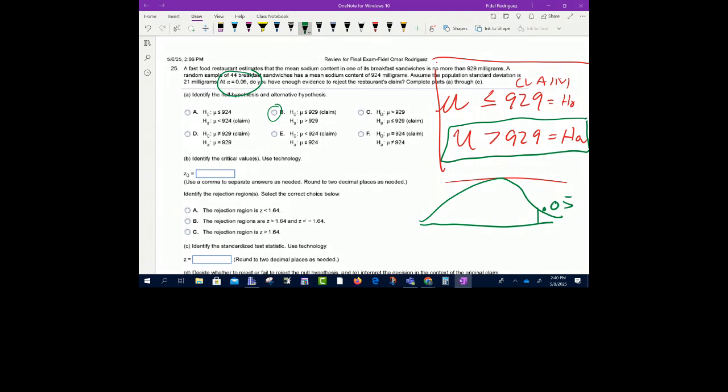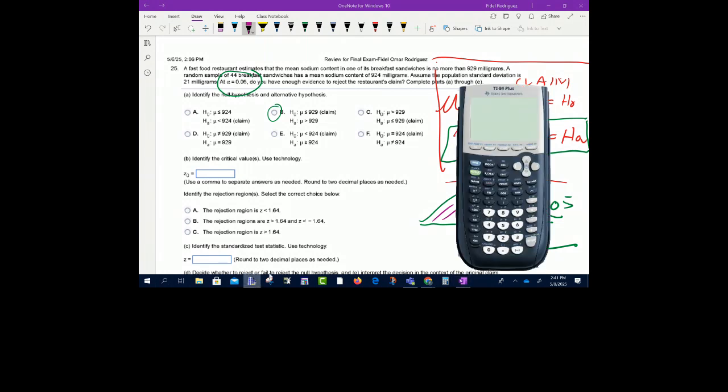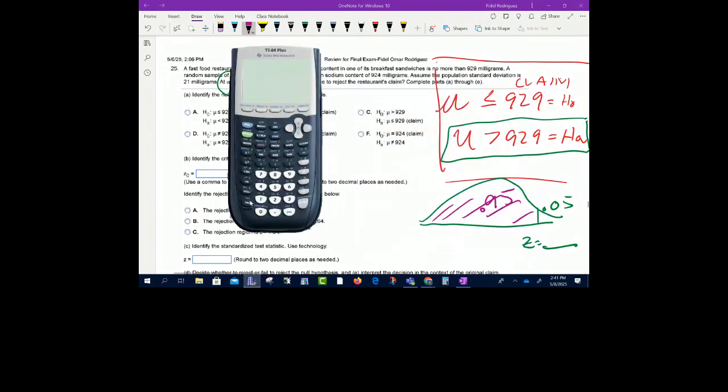So y'all, remember what we're trying to do is find the Z value that's going to go here. Now, if I'm using my calculator, remember my calculator is always going to tell me the area to the left. I need to know that area. That area, y'all, would be 0.95 because it has to add up to 1, right? So I'm going to come back here, turn on my calculator, let me clear it out.